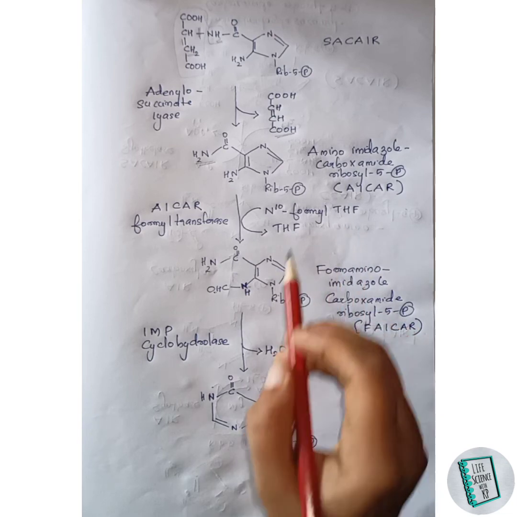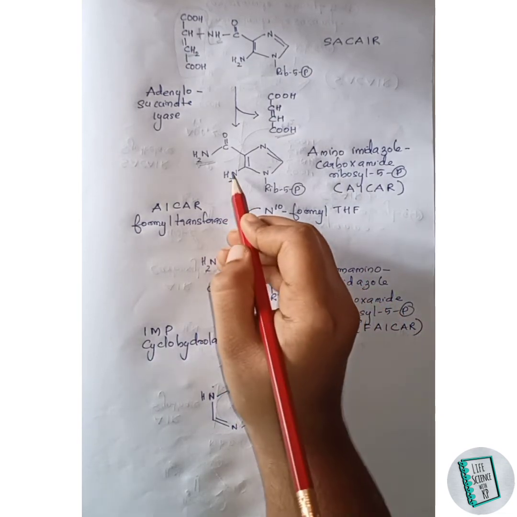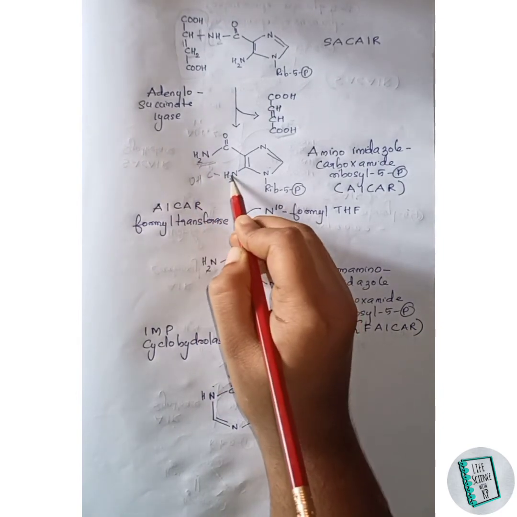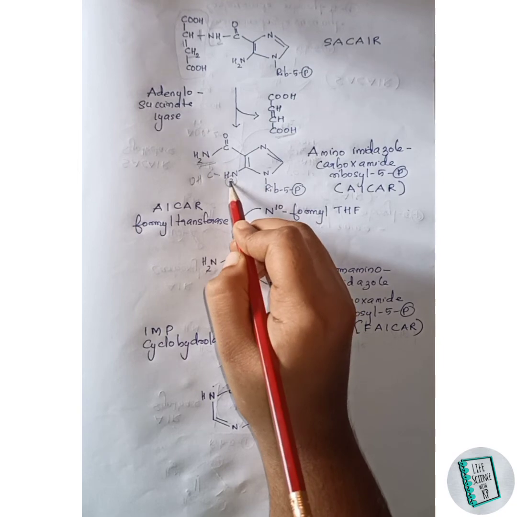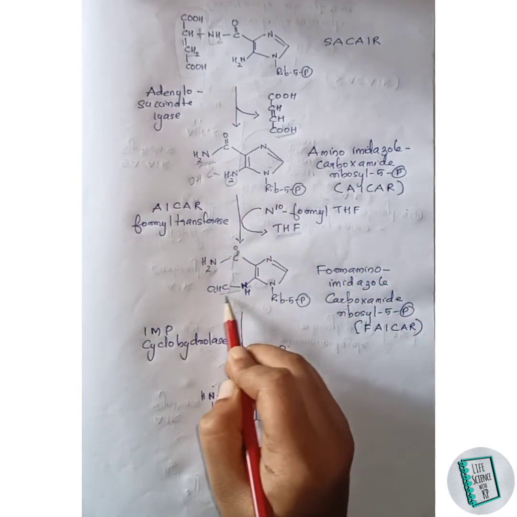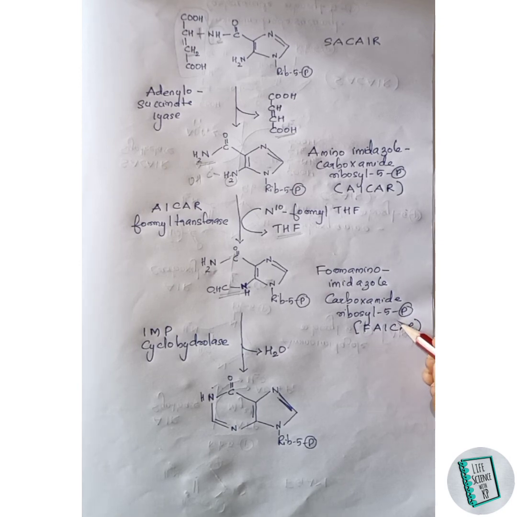So here this CHO group, that is the formyl group, is attached with this NH2 group, and one of the hydrogens of this NH2 leaves with this tetrahydrofolate. Thus this bond is formed here. This FAICAR is formed.